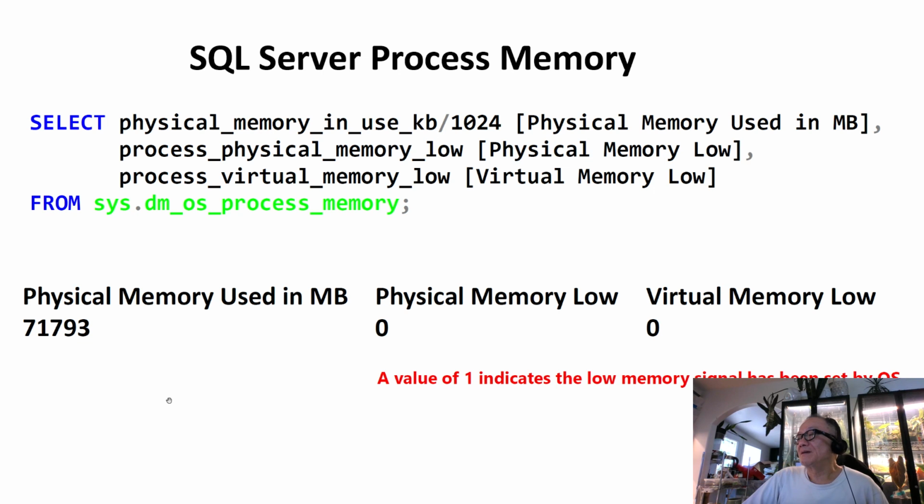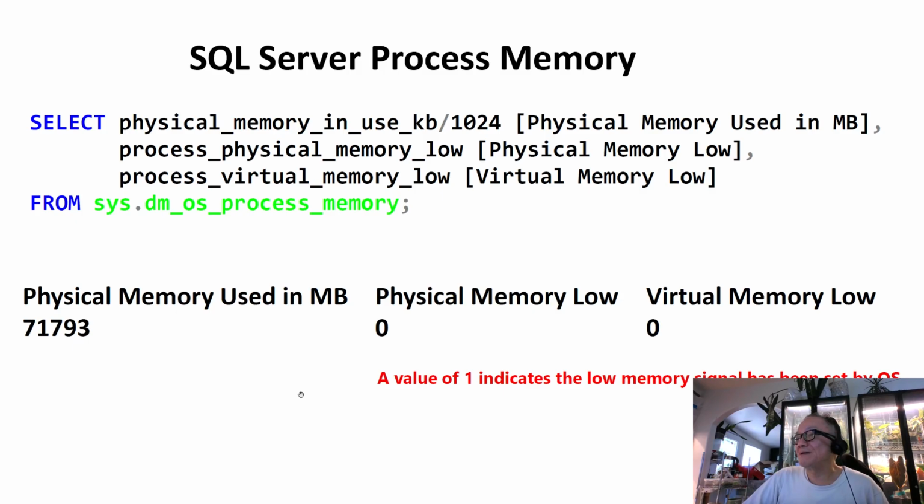In this query, we will find out whether we have any memory constraint. This query returns the physical memory of the database server and also whether we are having any constraint with the physical memory or the virtual memory.